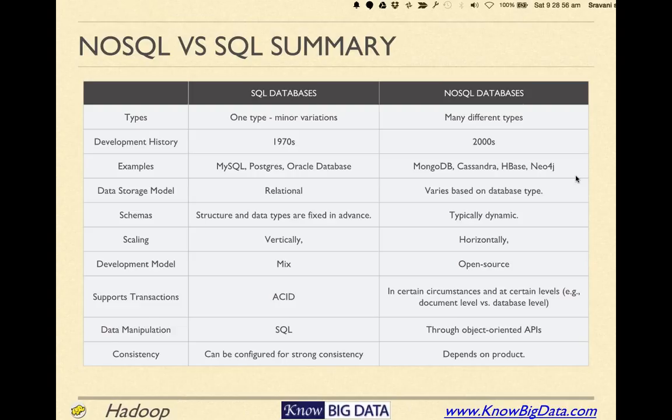Anyone? A for atomicity, C for consistency, I for integrity, D for durability.